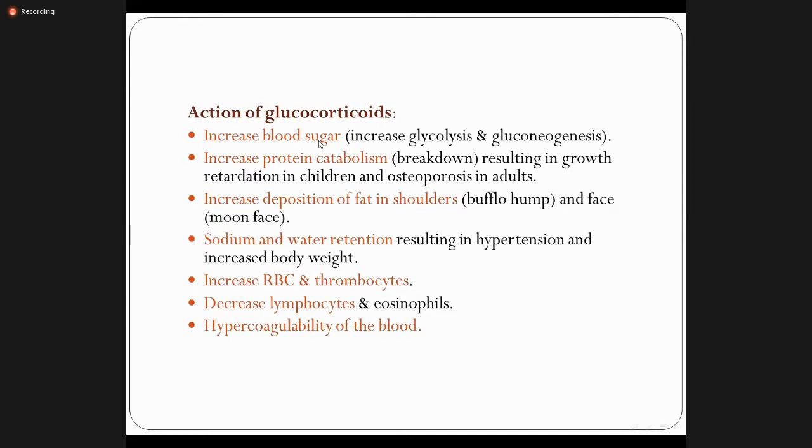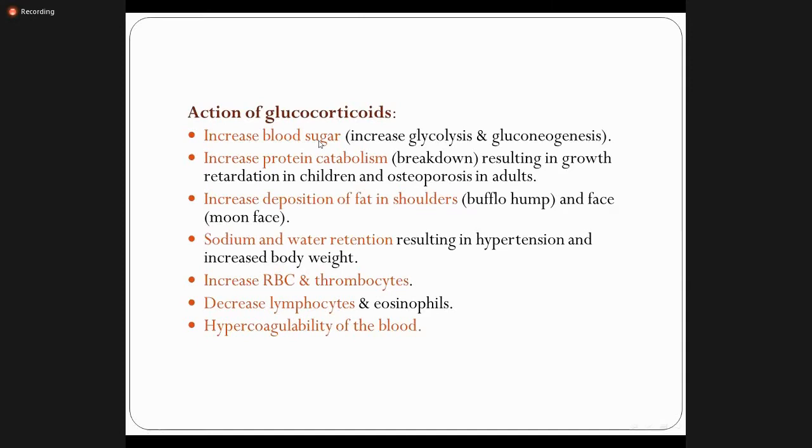So how is it going to increase the sugar level or produce a hyperglycemic state? By increasing the glycogenolysis process or gluconeogenesis process. These processes lead to increased blood glucose level. So it will produce a hyperglycemic state.